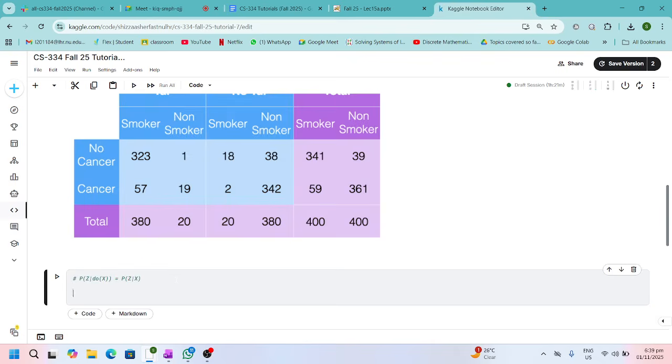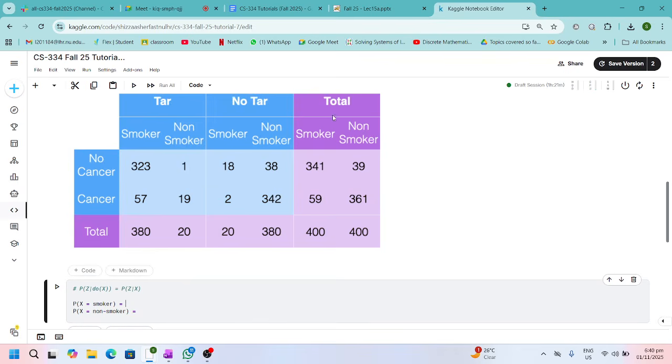Let's compute a few simple probabilities, which we will use in our math. What is the probability that x equals smoker? Of course, we will be needing this. Similarly, let's compute the probability that x equals non-smoker. So smoker ke liye I have, that's actually pretty simple.